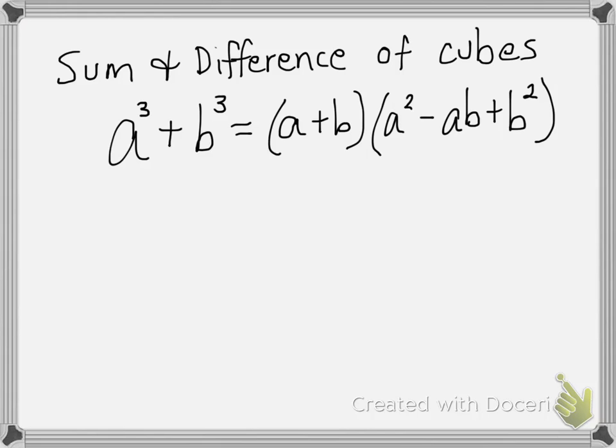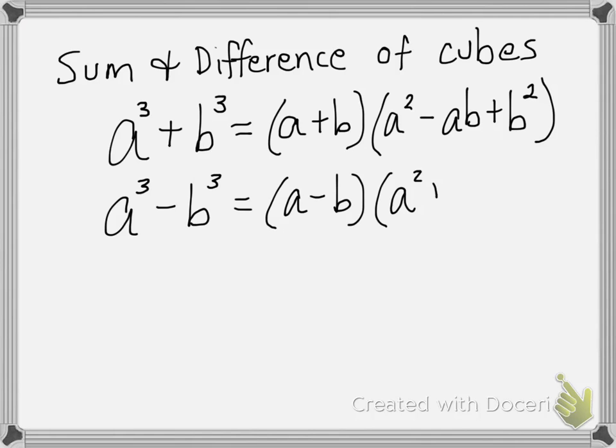Again, this may not make sense now, but wait till we do some examples. I'll refer back to it as we do examples. This one is obviously the difference of two cubes. So when we factor that, it'll be a minus b, and then a squared plus ab plus b squared.